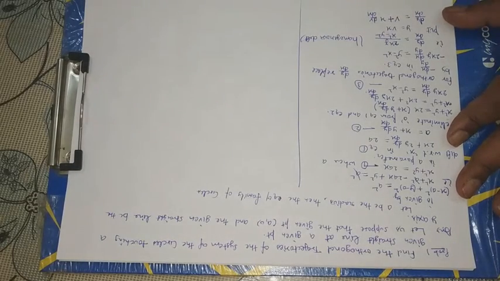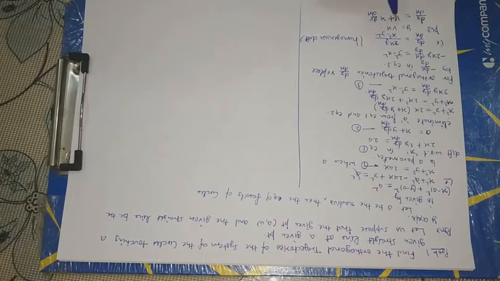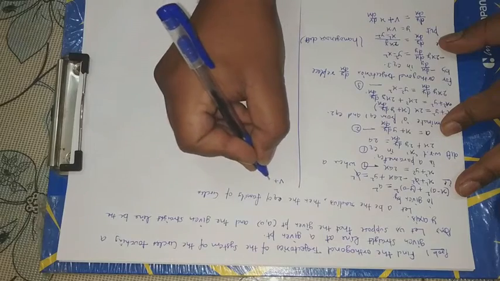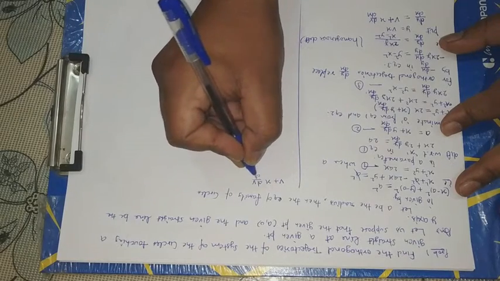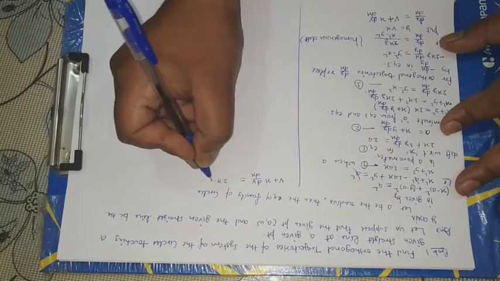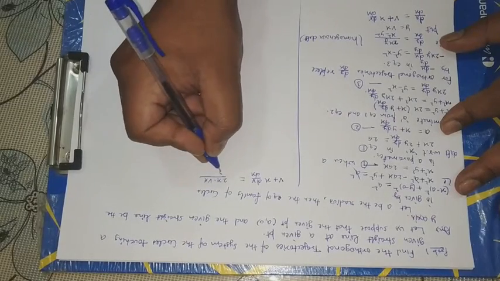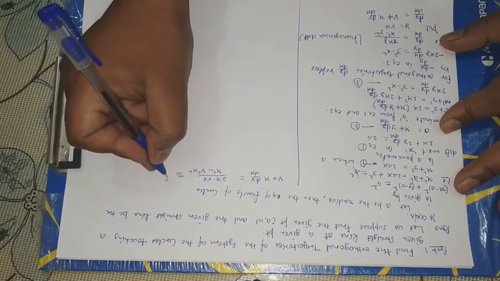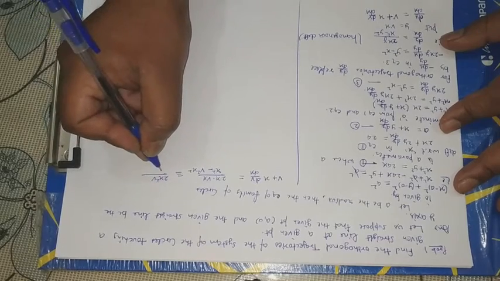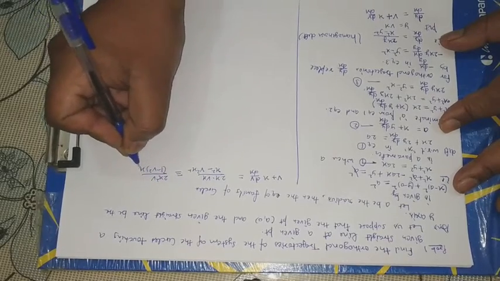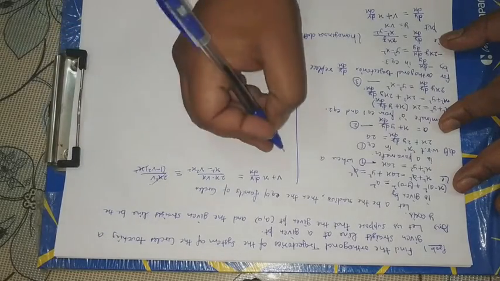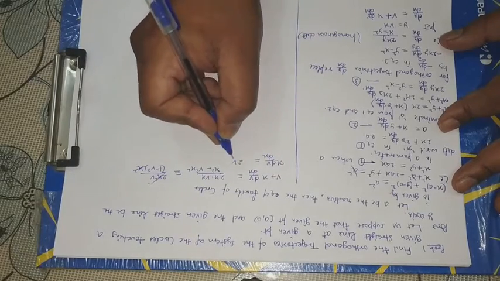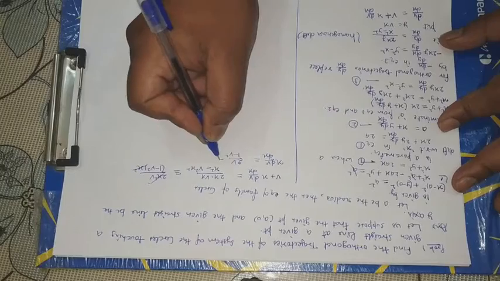Now putting the value of dy/dx in the homogeneous differential equation, we get v plus x dv/dx is equal to 2x into vx upon x square minus v square x square, that is 2x square v upon (1 minus v square) into x square, this cancels, that is x dv/dx is equal to 2v upon 1 minus v square minus v.